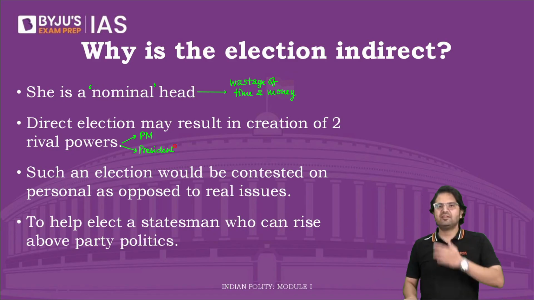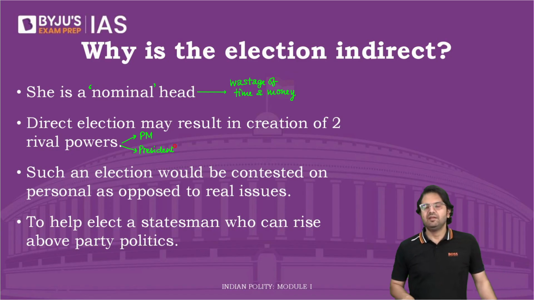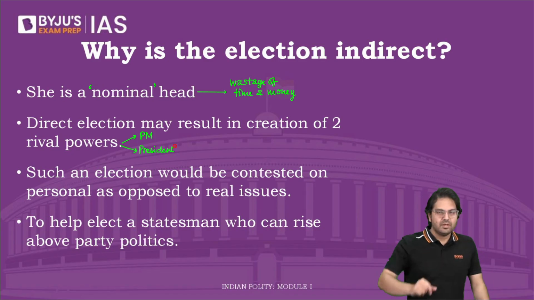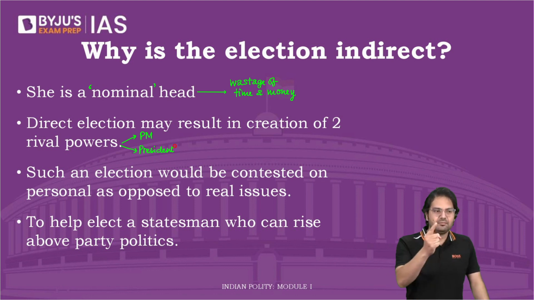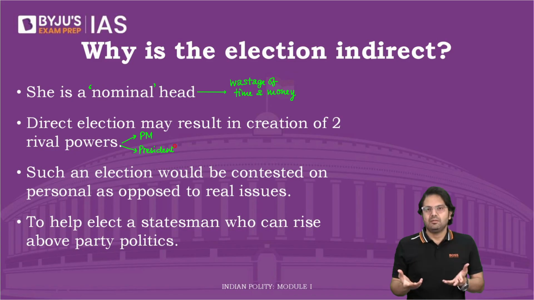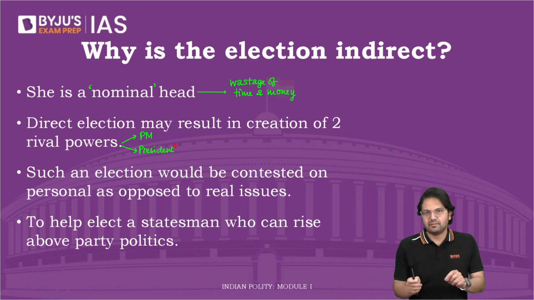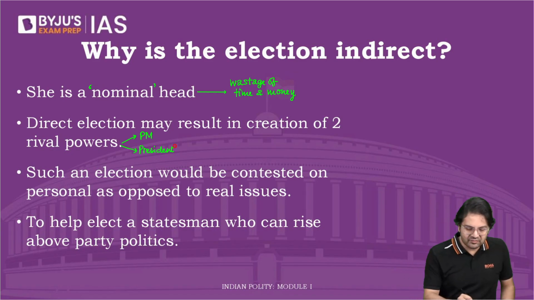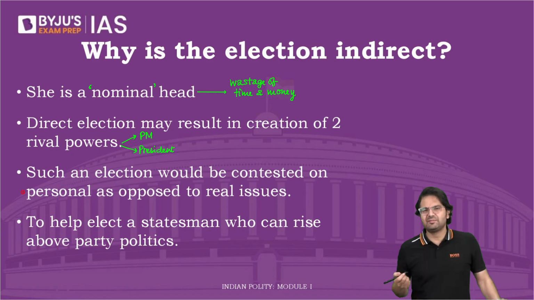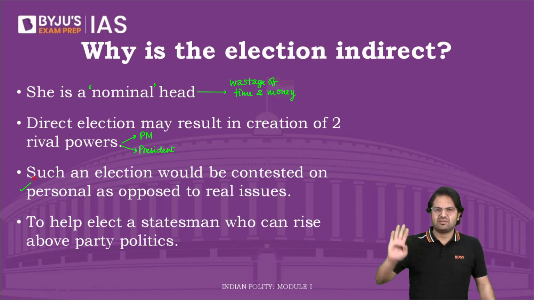The president goes to the public and says, please vote for me. People say, if I vote for you, what will you do? Nothing. I'm a nice person. Please vote for me. If you vote for me, selfie with you. If you vote for me, I'll call you to my Rashtrapati Bhavan for a day and we can roam around the garden. You cannot promise anything because you have no real powers, right? So such elections will not take place on the issues of development, but on personal issues. Dress is nice, smile is nice, all this. That is why indirect elections.